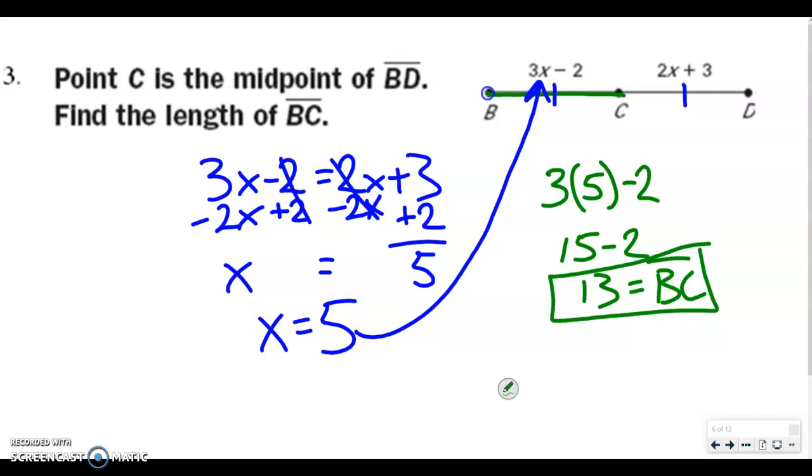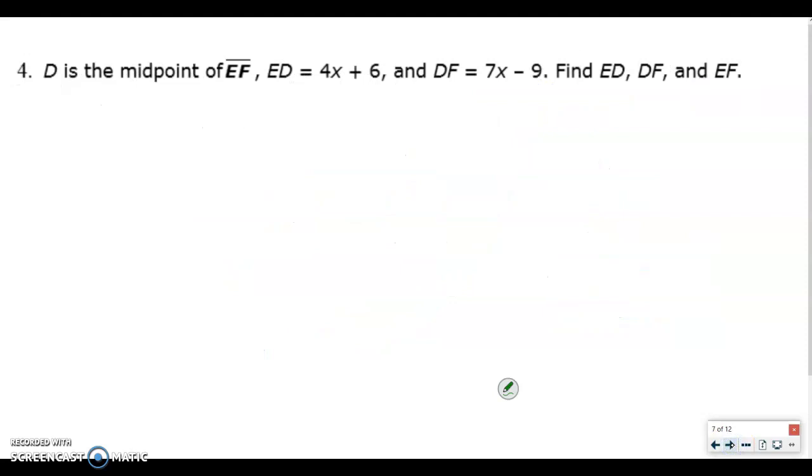Number 4, D is the midpoint of segment EF. So first, let's draw that out, see what it looks like. We know F is an endpoint, E is an endpoint from EF. That's the segment we're working with. D is the midpoint.